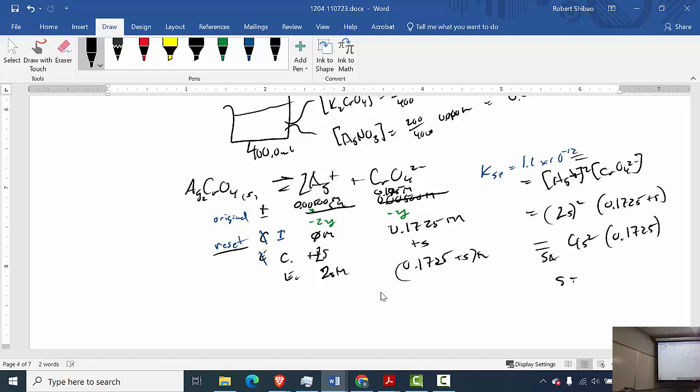And therefore S is equal to what? 1.1 times 10 to the minus 12, divided by 4, divided by 0.1725. Equals, and then I'm going to take the square root of that.